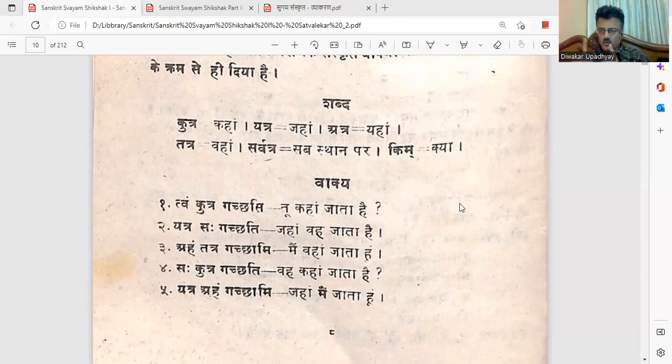In this sentence, where means yatra. Yatra, where you kept it, for example. Atra, here. Yatra, where. Atra, here. Tatra, there. Kutra, where. Yatra, where. Atra, here. Tatra, there. Sarvatra, everywhere. Kim, what.